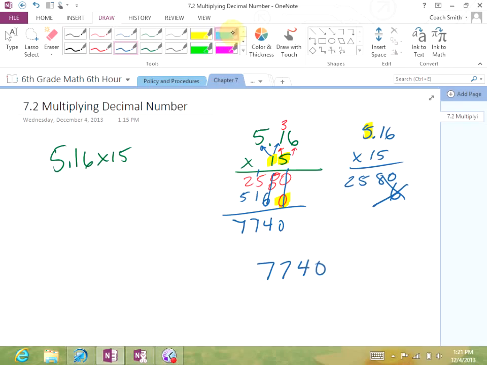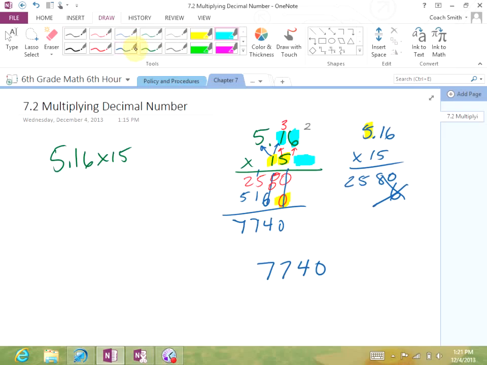Now, this is where the decimal comes into place. I'm going to look at my problem, and I have 2 digits behind the decimal right there. There are no digits over here. So I have a total of 2 numbers behind a decimal.